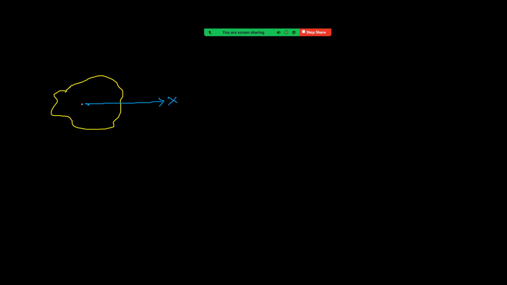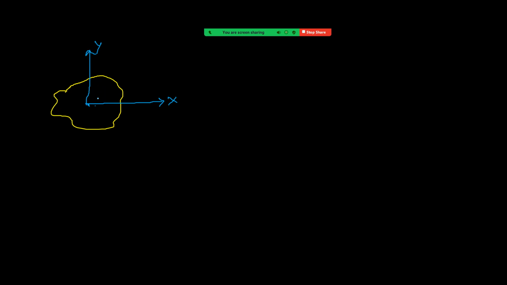So this is the x-axis, and this is the y-axis. For this planar body, we want to calculate the moment of inertia about the x-axis, the y-axis, and the z-axis. The z-axis means normal to the plane of the body.